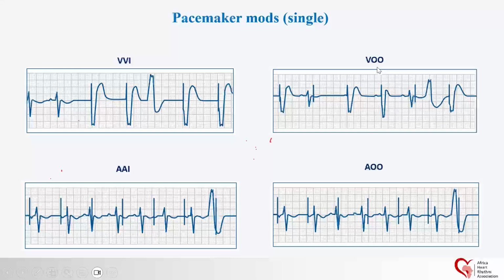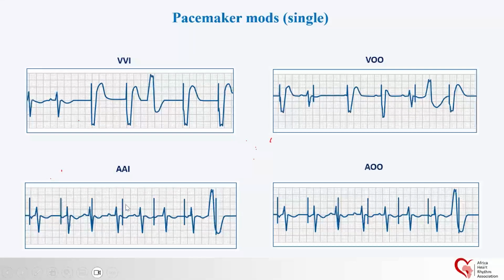So here we have a pace, here an intrinsic event, but the pacemaker will not sense this one, and will pace. So we have just an interval of pacing. Even if the pacemaker detects an intrinsic activity, it will not inhibit the pacing.